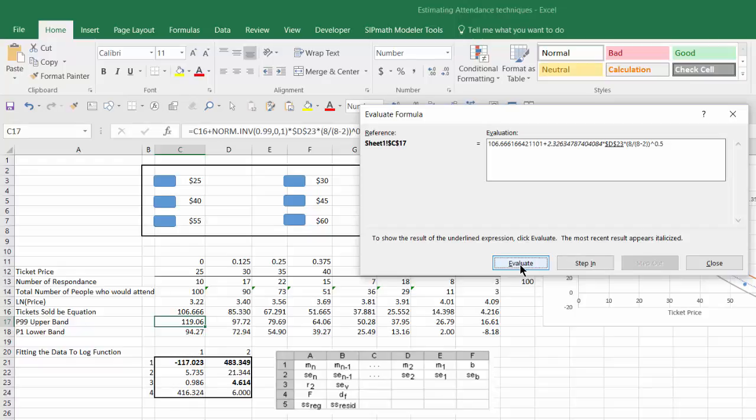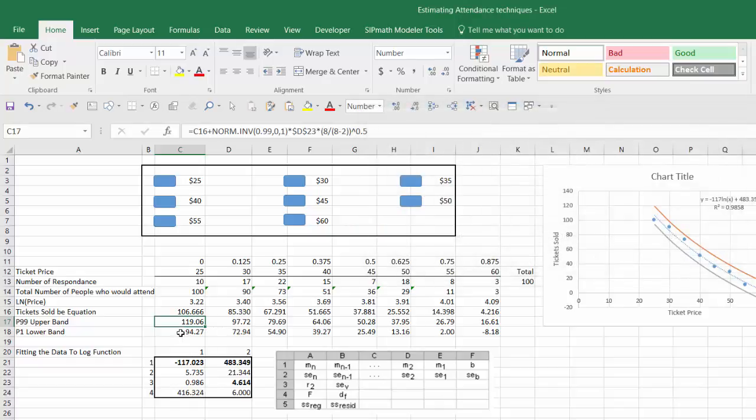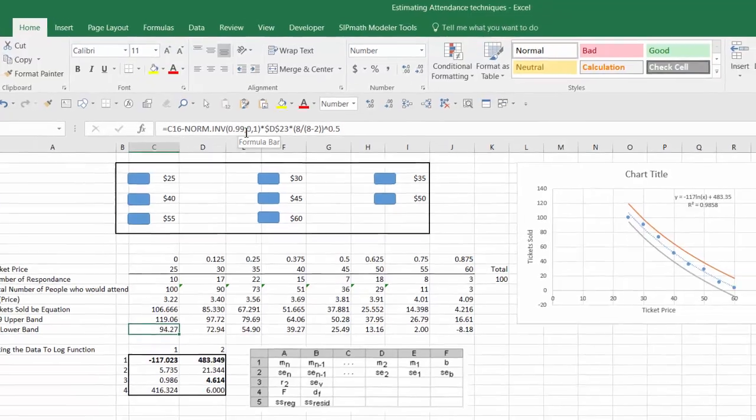So 2.32 standard deviations from the equation line gives me the 99th percentile. And then I multiply by the standard deviation, which is the 4.6, and then adjust for the degrees of freedom. And that results in the 119. Similarly, for the P1, it's the same equation, except we've used a minus sign and subtracted from the P99.